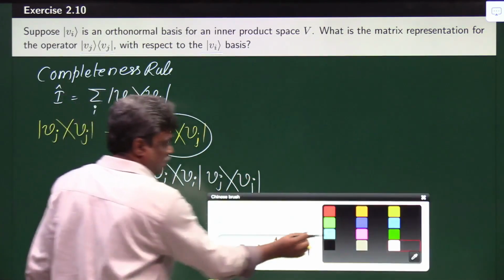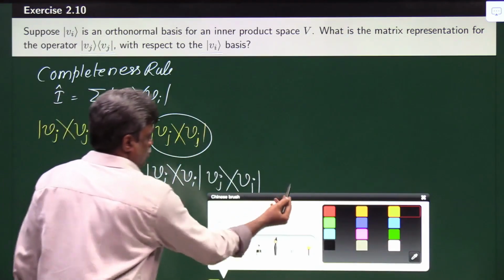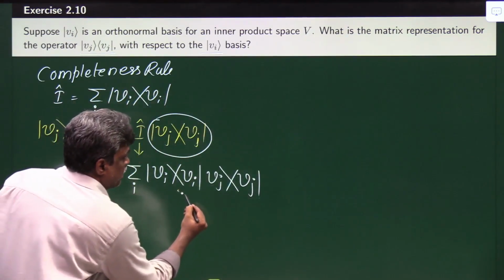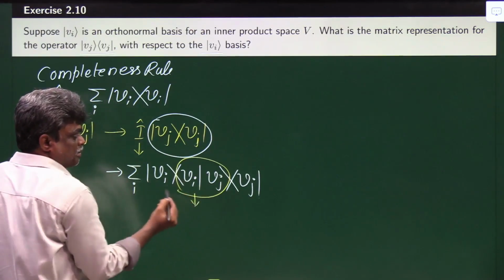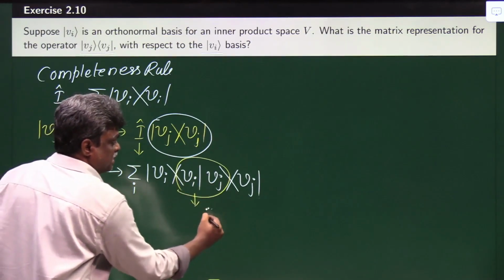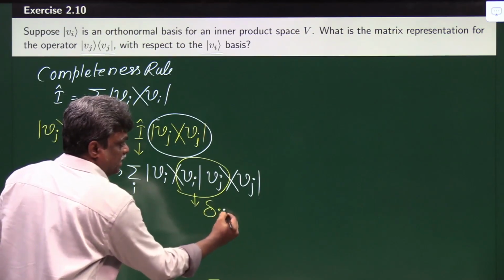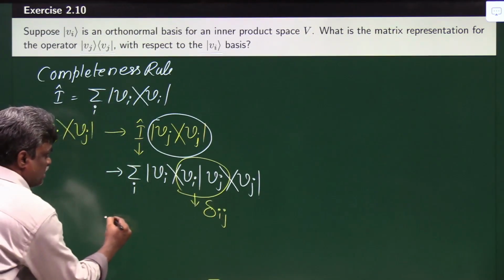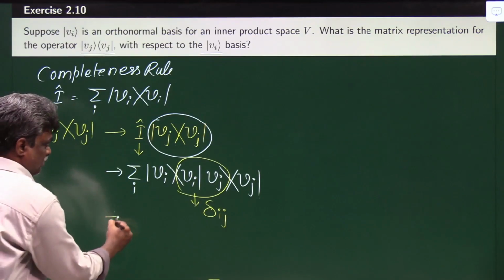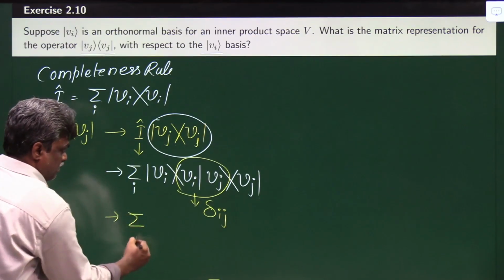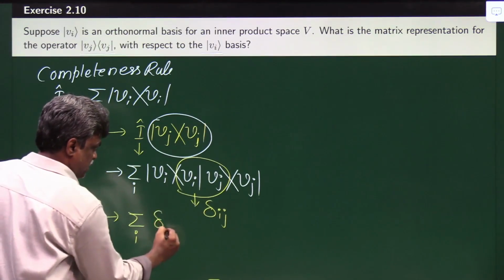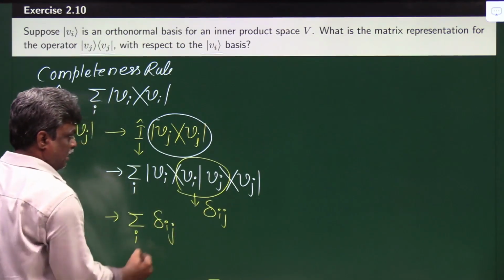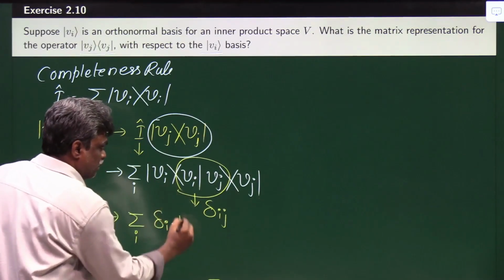Now if you observe carefully, here we have one inner product. In the earlier problems also we discussed this inner product is nothing but the Kronecker delta, delta ij. So we can write this as summation over i, and this is delta ij. And here we have again one more outer product.